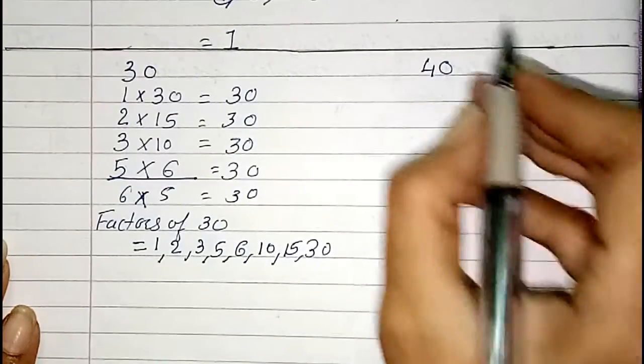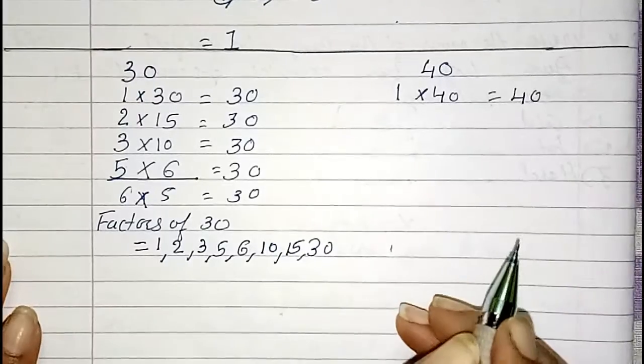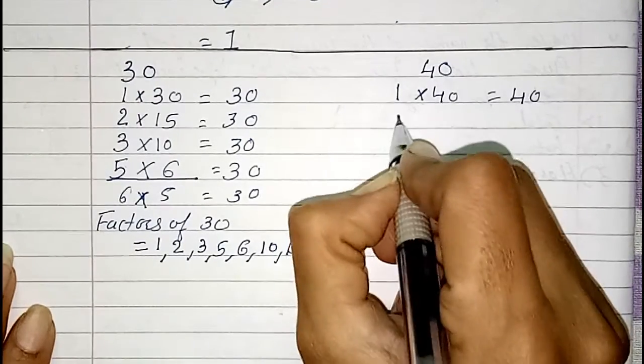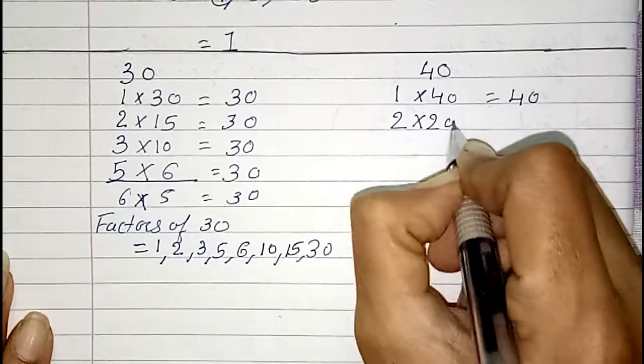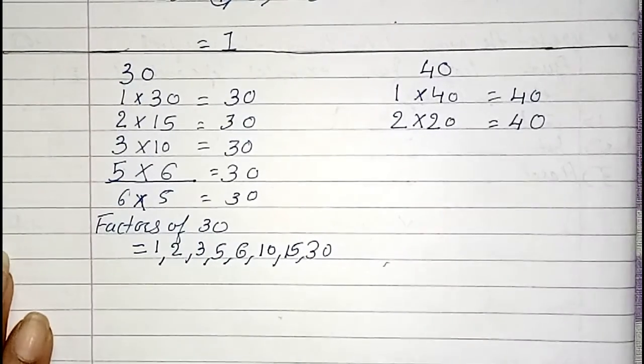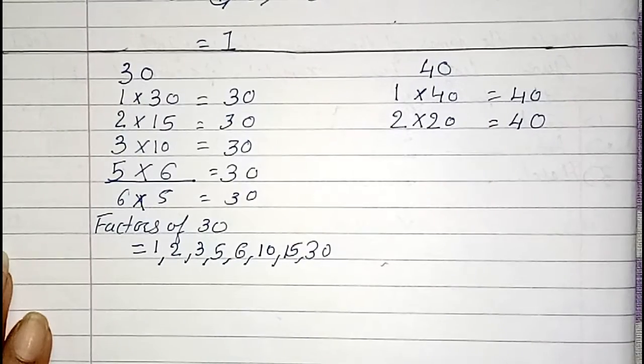Now 40 is next. 1 forty is 40. Will it divide by 2? Yes, 2, because it is an even number. 2 twenties are 40. Will it divide by 3? 4 plus 0 is 4. 4 cannot be divided by 3, so it is not possible.